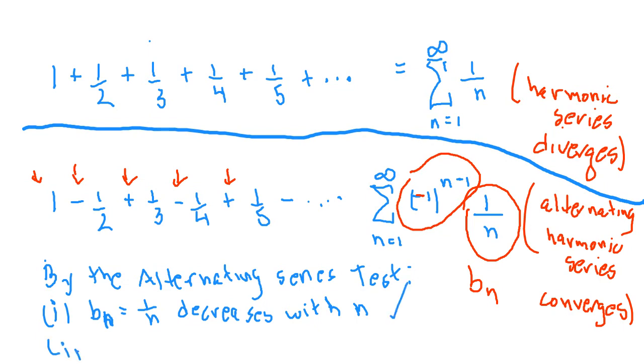And then the second condition is that as n goes to infinity, the nth term, which is 1 over n, approaches 0. So the terms are decreasing and they approach 0. And so this alternating harmonic series converges. The regular harmonic series diverges. So that's an example of how you can use the alternating series test.